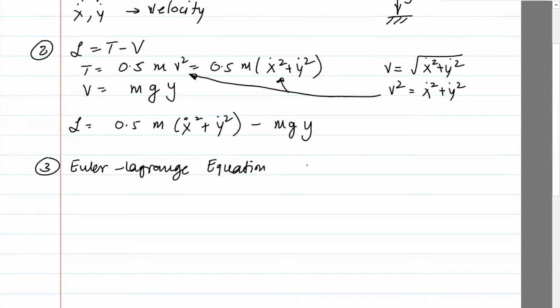Which states that we need to do d/dt of ∂L/∂q̇ minus ∂L/∂q equals Q_j.